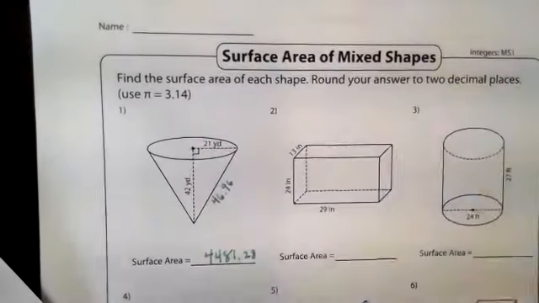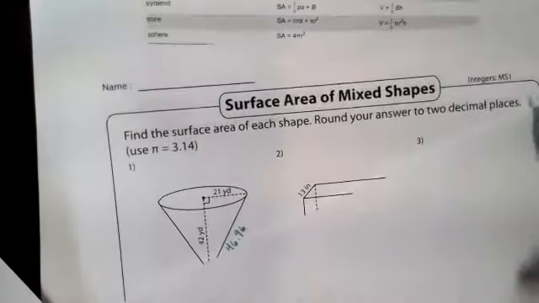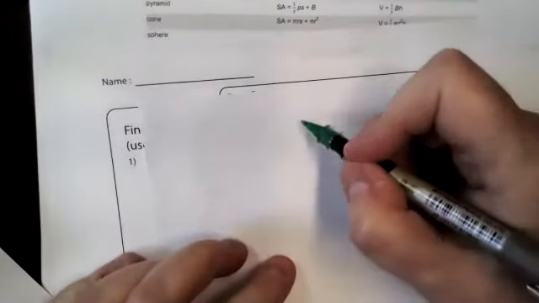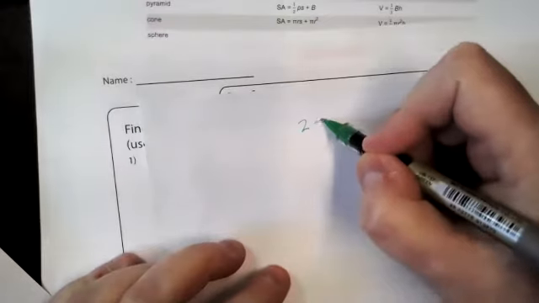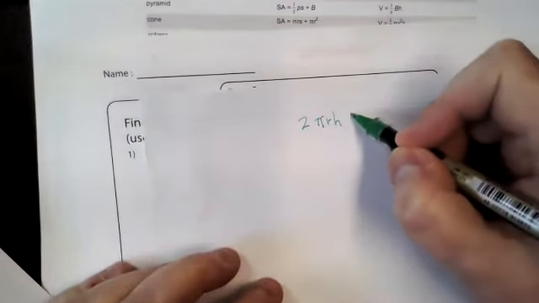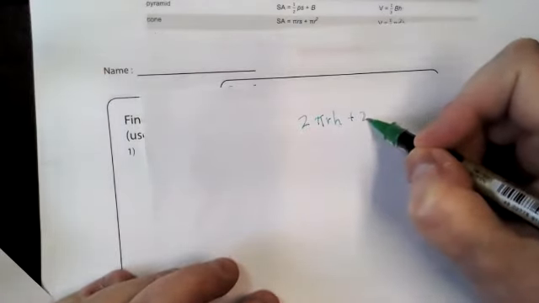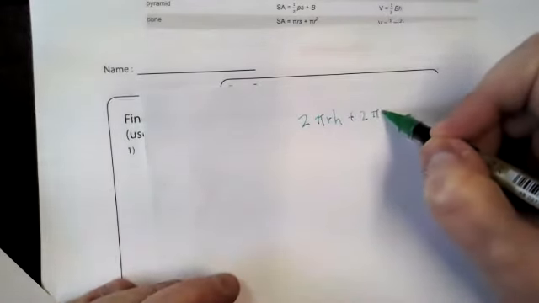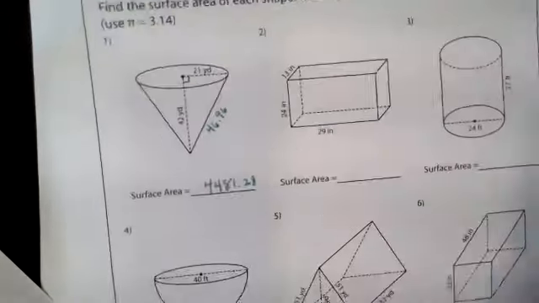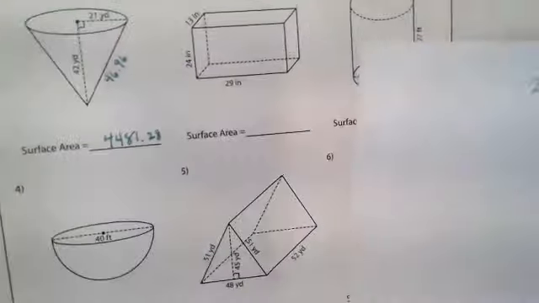So I'm going to write that down so we've got it. It's really small on the formula sheet. 2 times pi times radius times height plus 2 times pi times radius squared. All right, here we go with a cylinder.